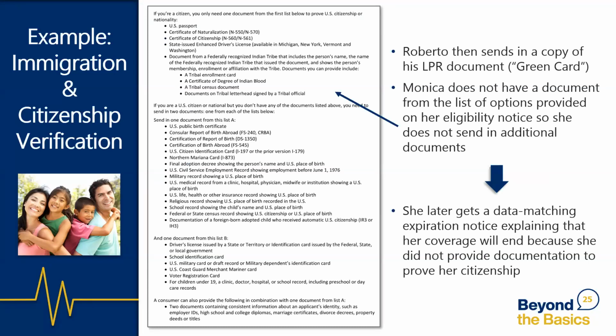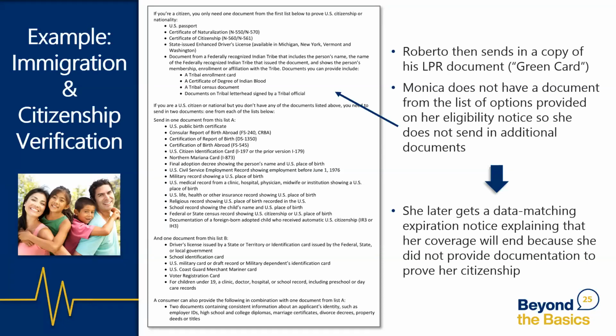So Roberto then gets another warning, right? So then he sends in a copy of his green card, his lawful permanent resident document, and Monica doesn't have any other documentation, right? So she doesn't submit anything else. So what happens next?